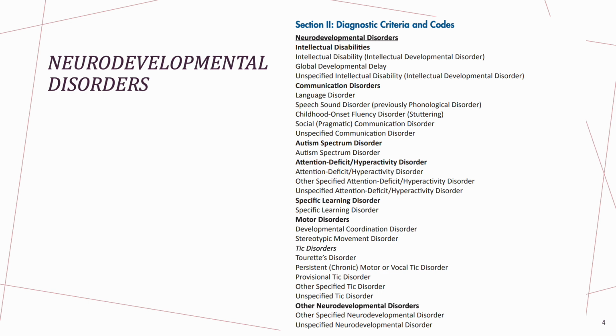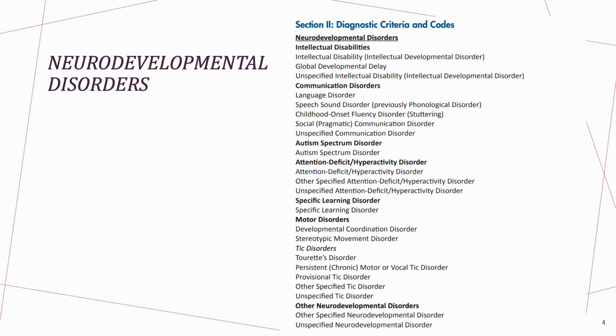Each section represents a cluster of disorders that are theoretically alike, whether they have the same etiological roots, or the symptoms manifest in the same ways. So there's a reason that these disorders are presented in the way that they are in terms of where they fall in the DSM.